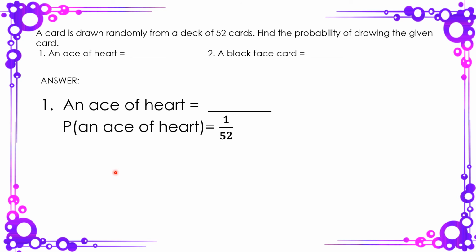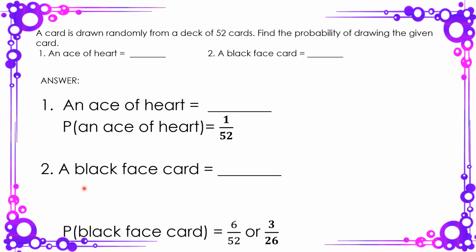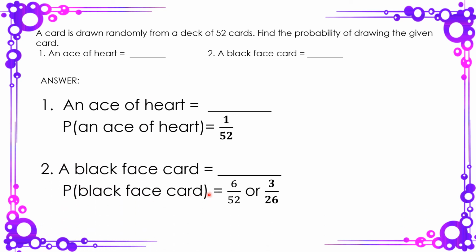Okay? So next is a black face card. What is the probability that we may get a black face card? It is 6 over 52 or 3 over 26. How come our answer is 6?